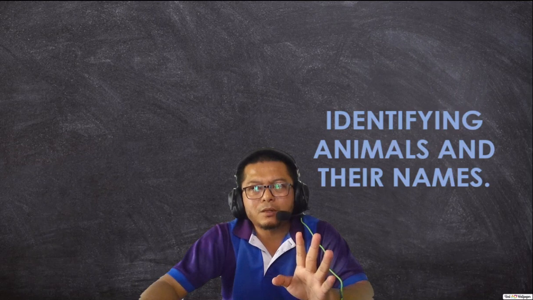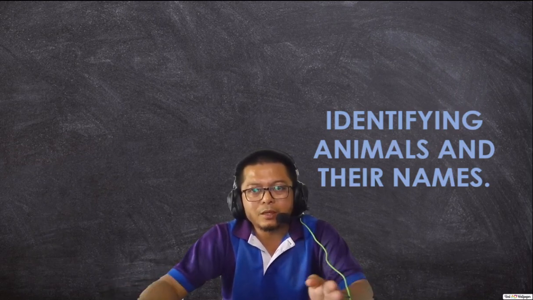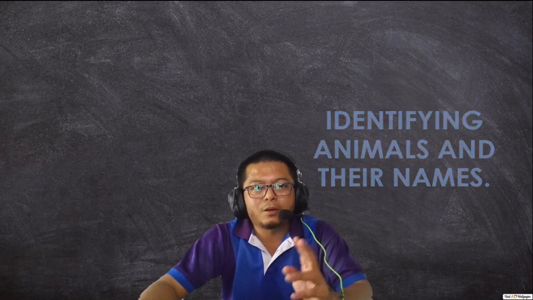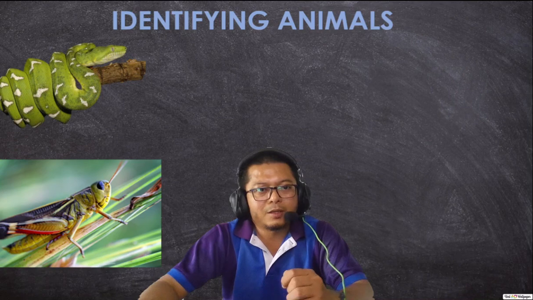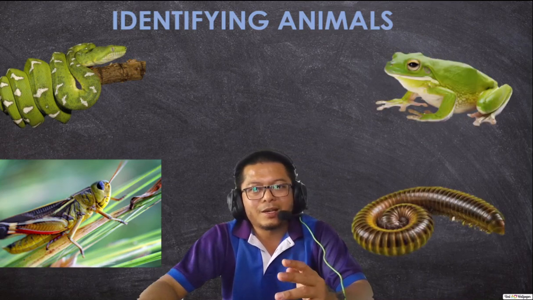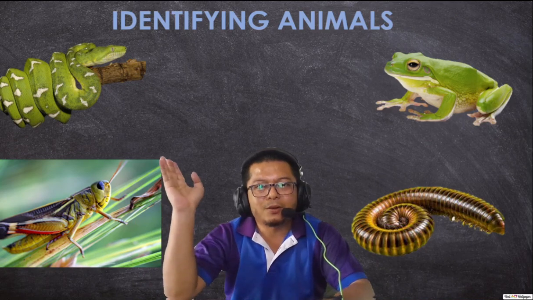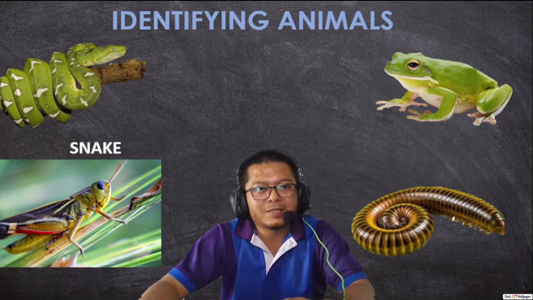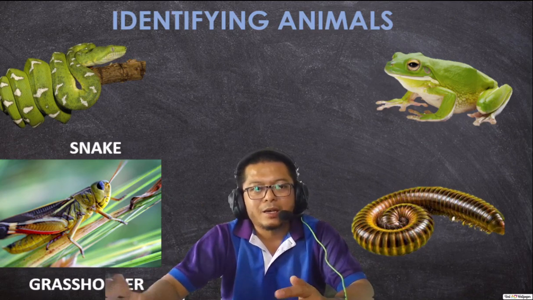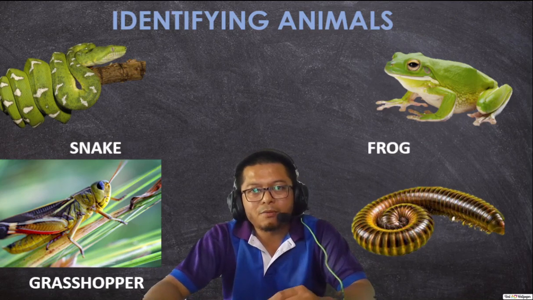There are about, I think, 80 animals, but we shall get into it slowly, one by one. Now we start with this animal, and this one, and this one, and this one. As you can see here on your left is a snake, and a grasshopper at the bottom, and this is a frog, also known as the tree frog.